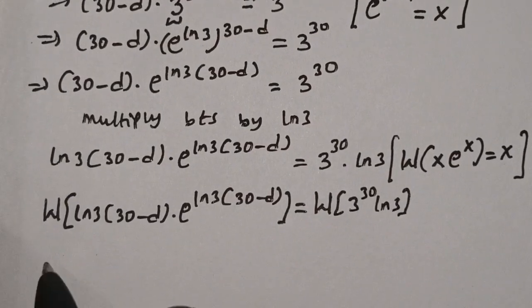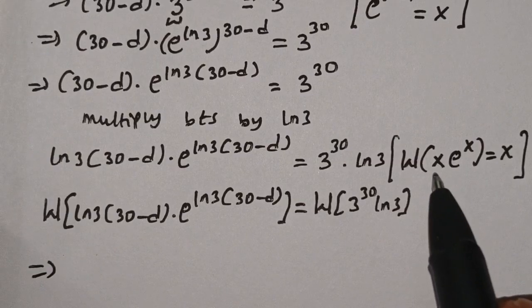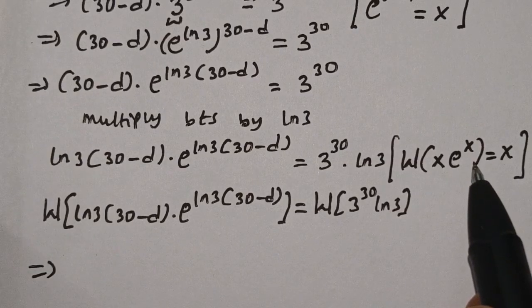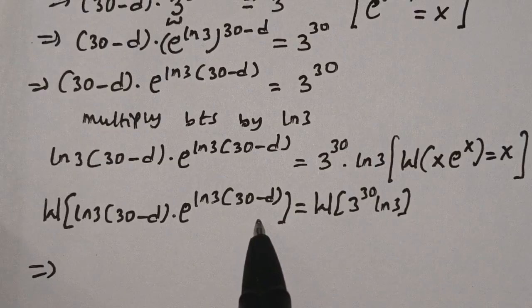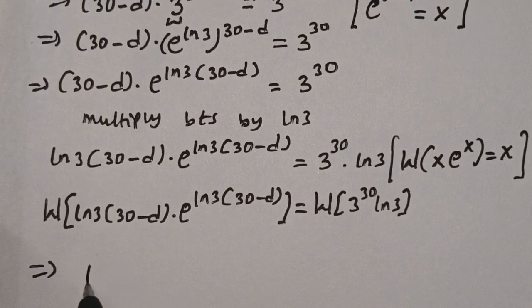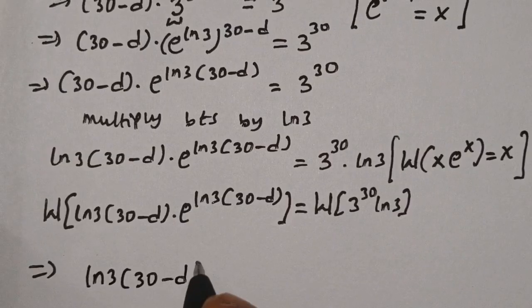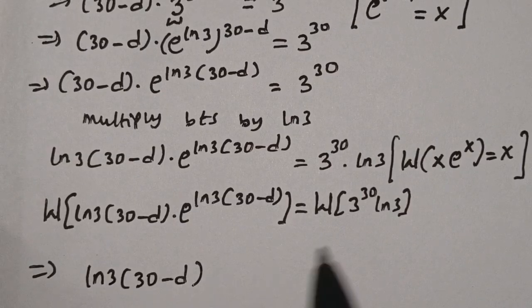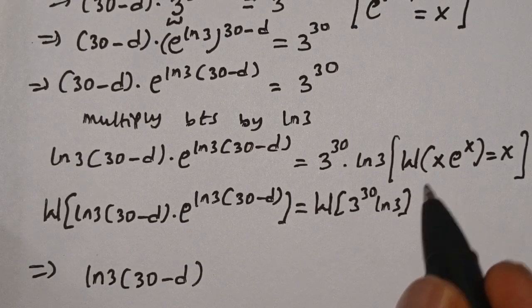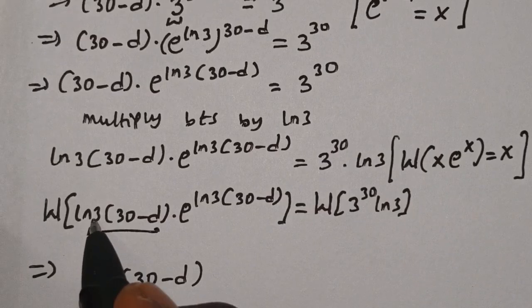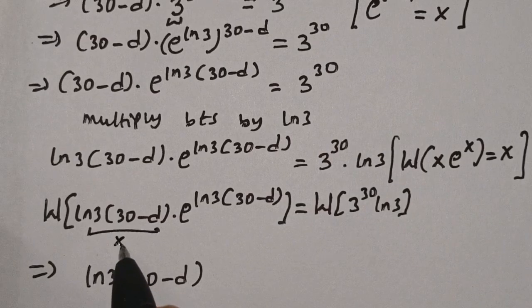Let's continue. This implies that if we apply this Lambert W function formula to this left hand side, we have ln 3 into 30 minus d. If you compare it, our x is ln 3 times 30 minus d. This is x.